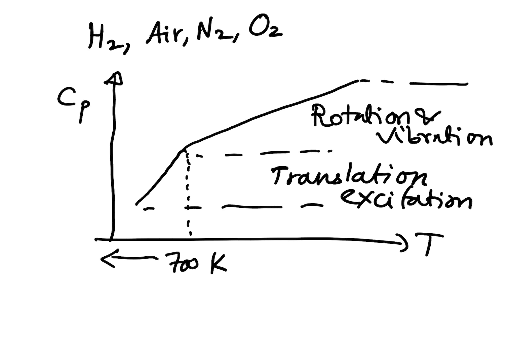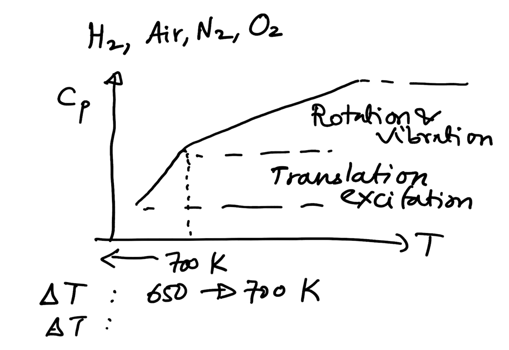So the additional degrees of freedom take up the energy that is provided. In other words, increasing the temperature by a delta T from 650 to 700 Kelvin will incur less energy than a temperature rise from 2000 to 2050 Kelvin.